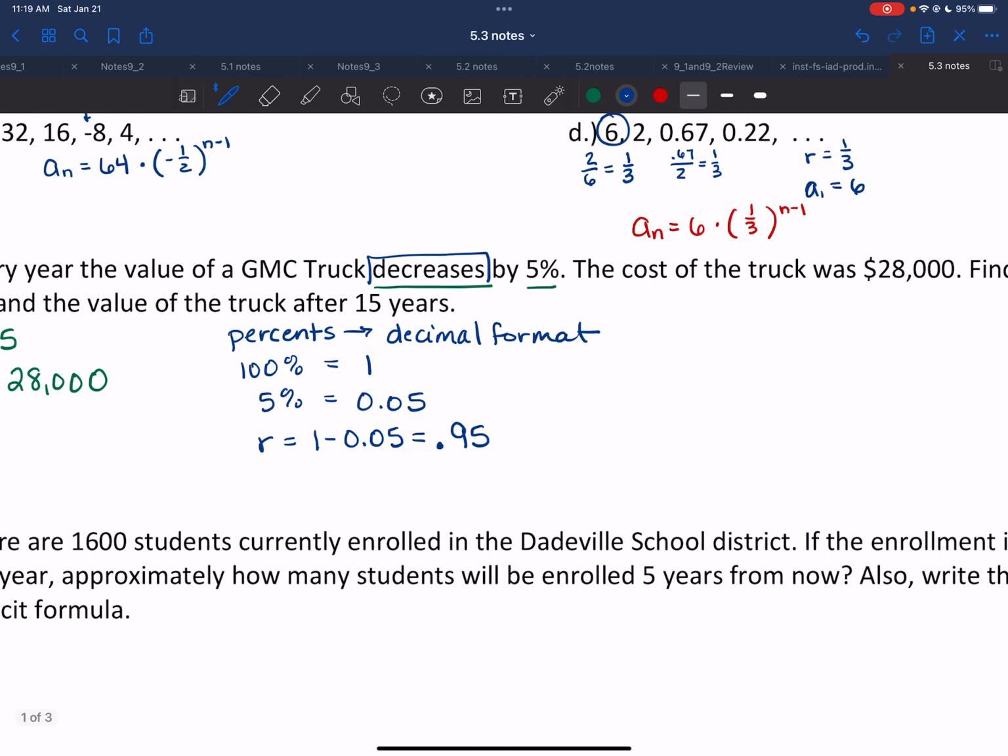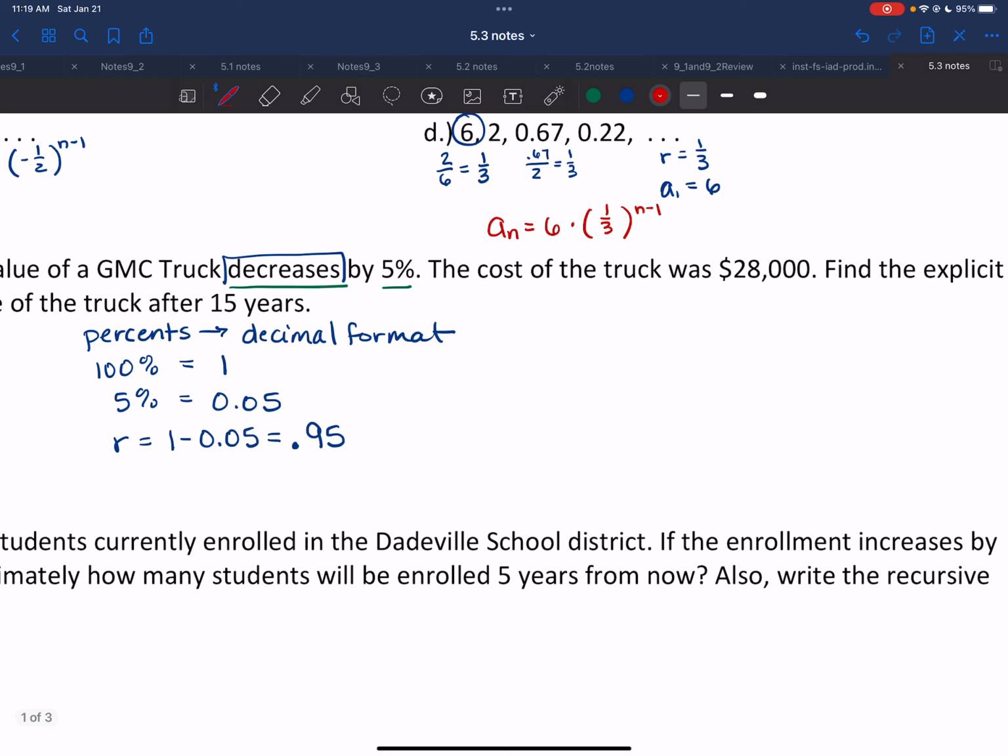So let's go ahead and take a look at putting this into application. My equation is going to be a to the 15. Remember, we want it after 15 years, so there's no reason for us to put an n here. That's going to be equal to my starting price, which is $28,000, and then we're going to multiply that by our ratio, which is 0.95, raised to the power of 15 minus 1, or to the power of 14.